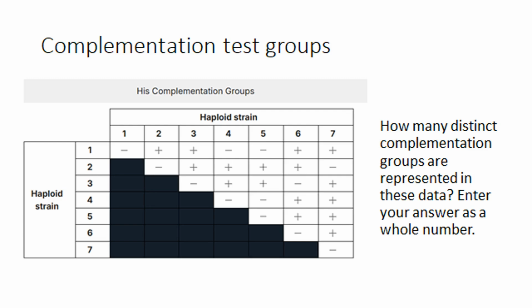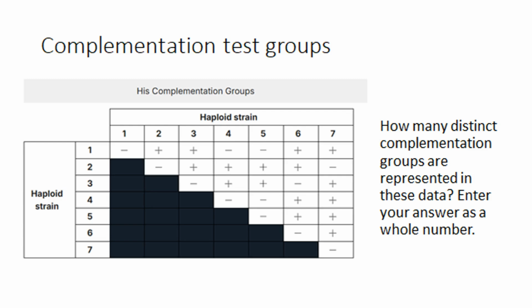So if there is no complementation between 1, 4 and 5, that means these are in one group. They contain the same mutation in the same gene. There is no successful complementation between these colonies, and this phenomenon puts them in one group.